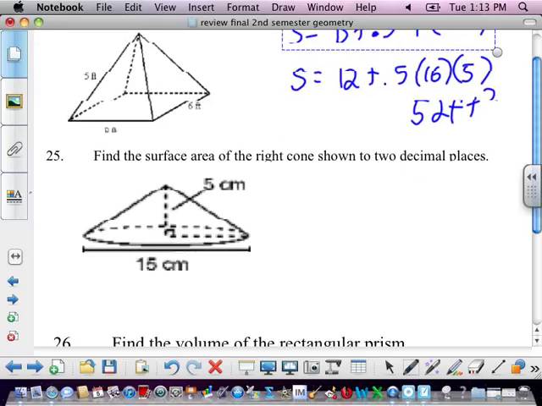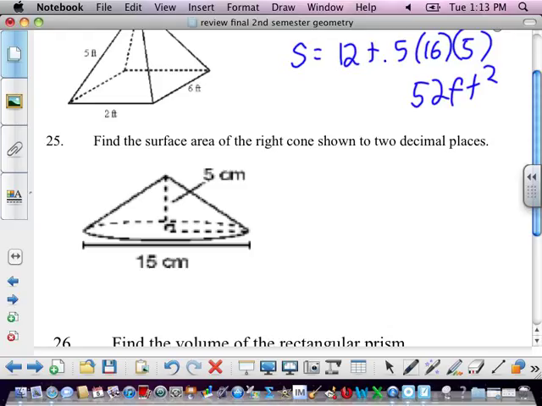Are we ready to move on to 25? Find the surface area of a cone. Who remembers what the formula is for a surface area of a cone? Anybody got the surface area of a cone on their paper? Yes. One at a time. 2 pi r squared.